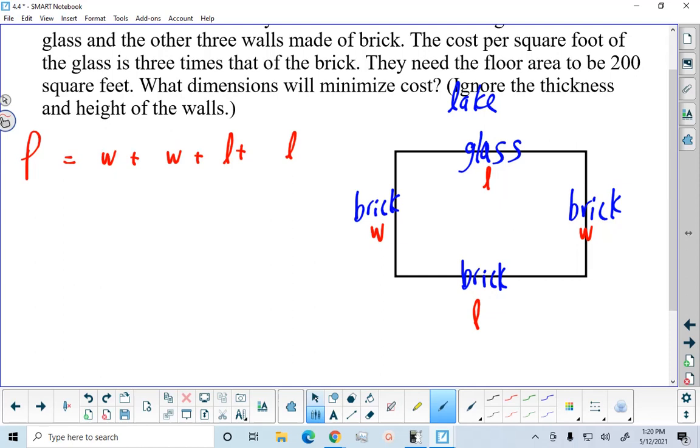The cost per square foot of the glass is 3 times that of the brick. So although this is a perimeter, if we want it to be truly representative of the cost, we need to multiply that length by 3. And what we end up with is that the perimeter that truly represents the cost is 2W plus 4L.